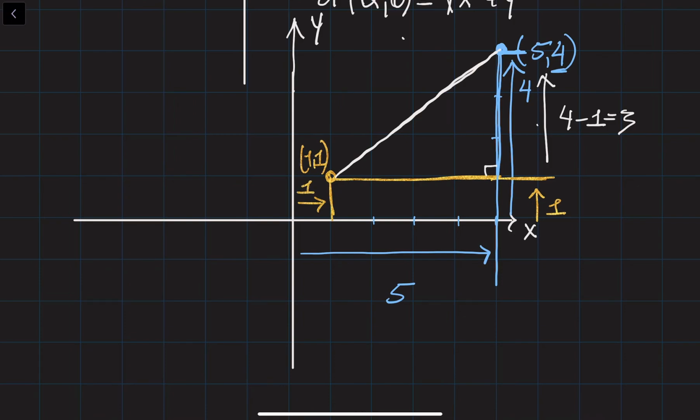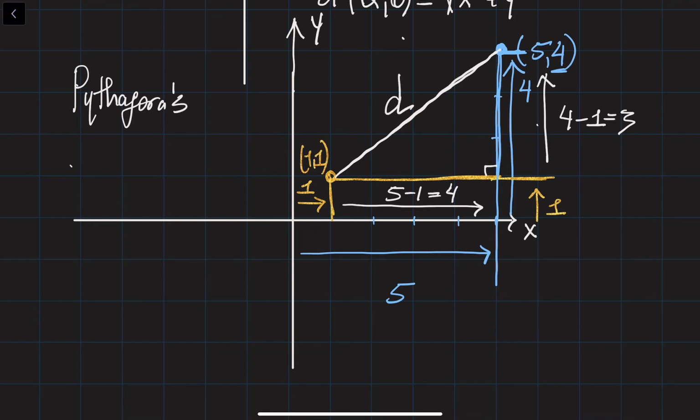So that is why the width of this triangle is going to be the subtraction, 5 minus 1, which is equal to 4. Then using the Pythagoras theorem again, we know that this distance d is going to be equal to the square root of 4 squared plus 3 squared, which is going to be equal to 5 again.